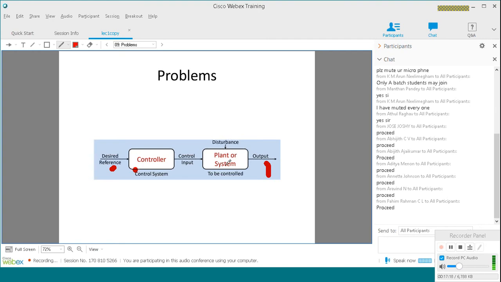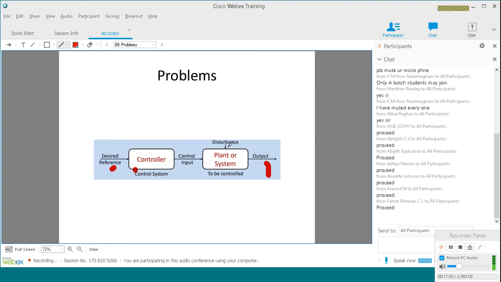whenever there is a disturbance in your plant or system or process that has to be controlled, then this setting may not work. This setting will not work. So that is the main reason why we have to continuously monitor the output, compare it with the desired reference, and then if you design a controller in that situation, that will also be able to eliminate the disturbance.